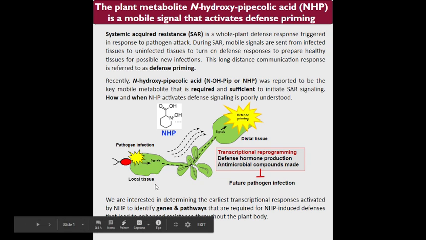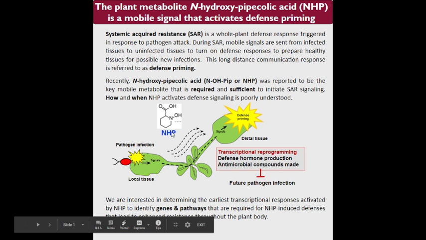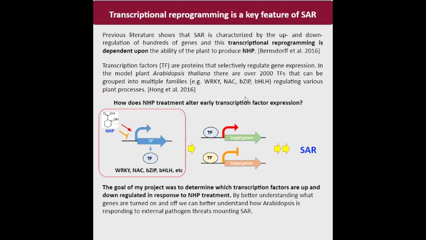I was interested in seeing which genes were up and down regulated during this process to better understand what the plant is doing to initiate and to allow SAR to happen. To do this, I looked at transcription factors. What is a transcription factor? A transcription factor is a protein which regulates gene expression.